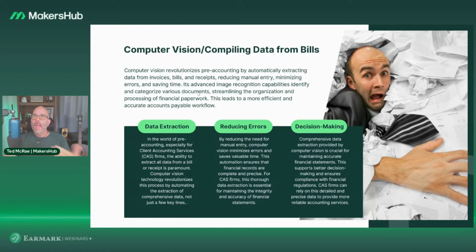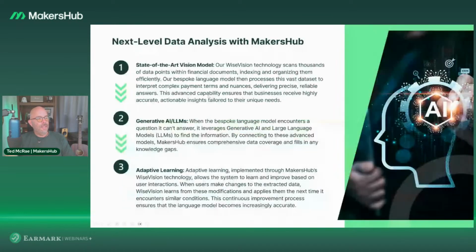And then now you have the ability to make these decisions quicker because you have the information entered into your accounting platform faster. You have the ability to do approvals quicker and set up approvals that are based on more than just the dollar amount. So it's amazing what we can do with computer vision and the data that it's actually extracting now.